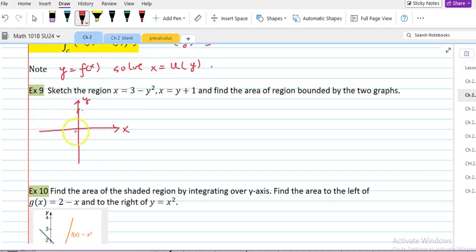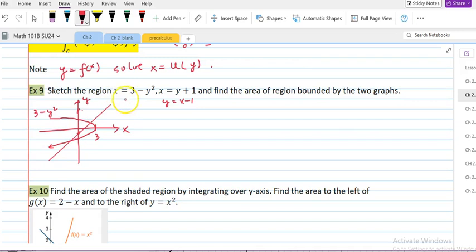Minus y squared would be facing this side, and 3 minus means you add 3, so it would be 3, facing the negative side. And then x is equal to y plus 1, so it is harder to graph. Let's say y is equal to x minus 1, so it crosses here at minus 1, and then like this.